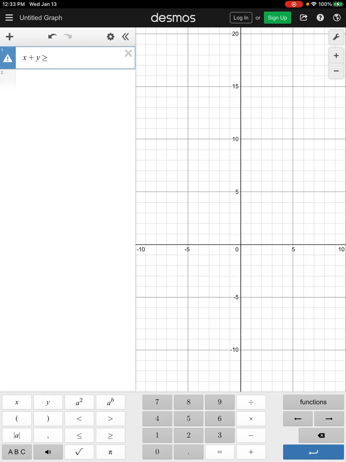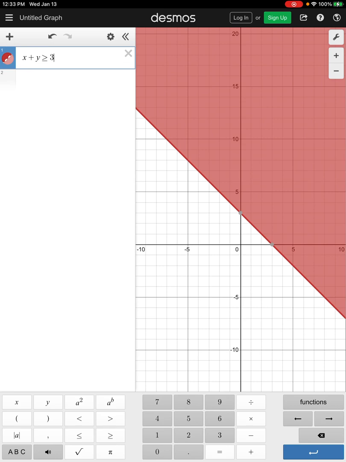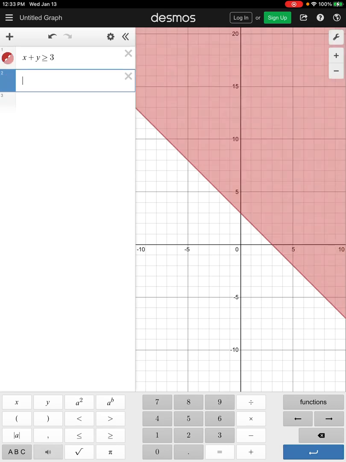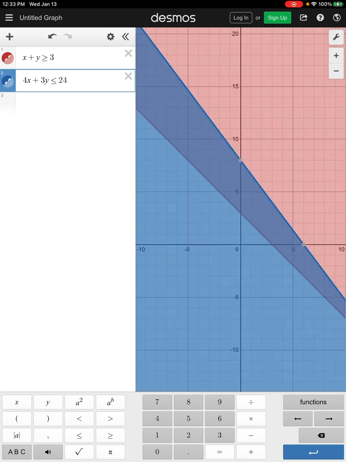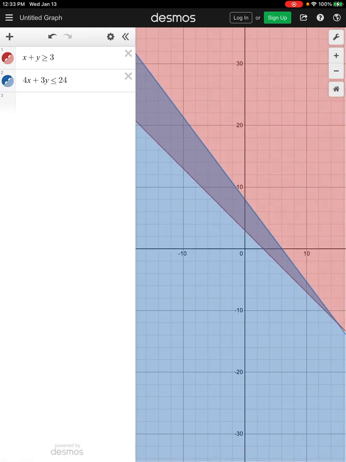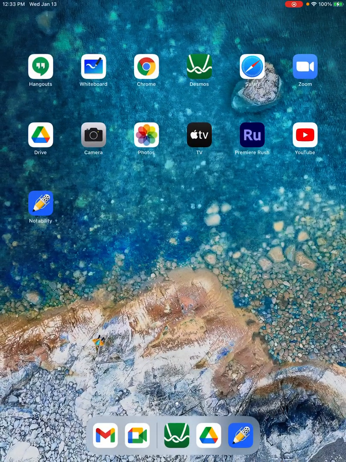So X plus Y is greater than or equal to 3. So there's that red shaded area. My next inequality was 4X plus 3Y is less than or equal to 24. So I've got my dark shaded area with some solid lines.